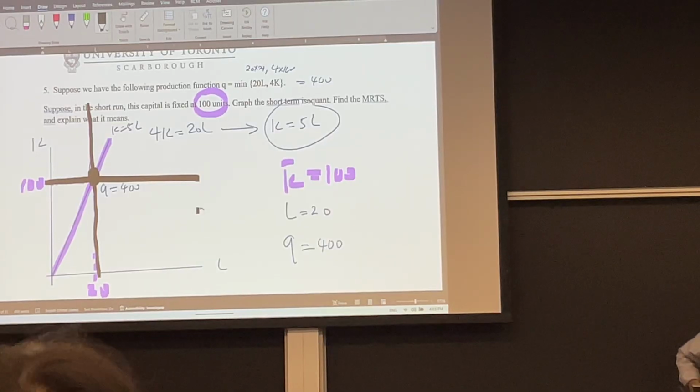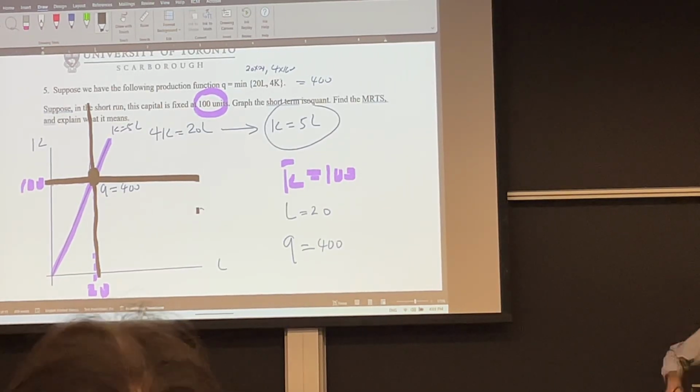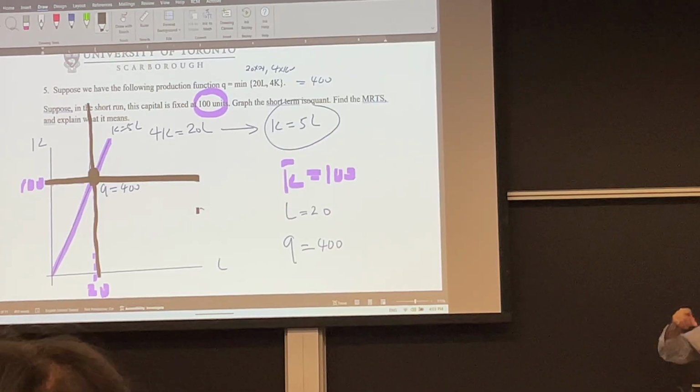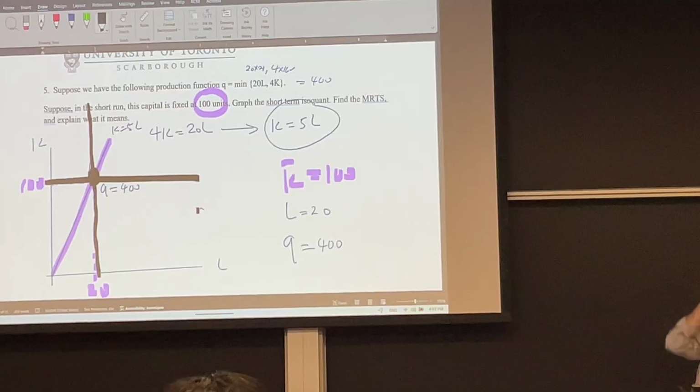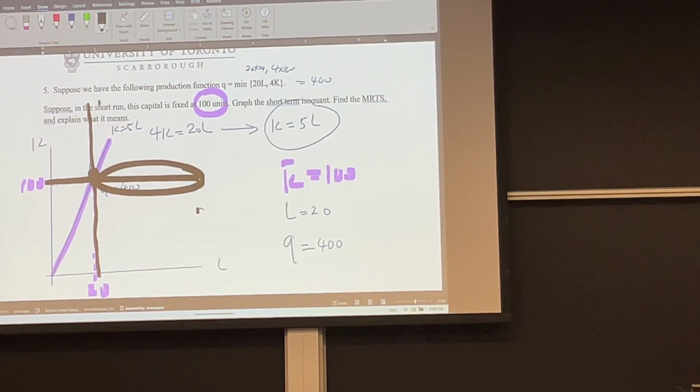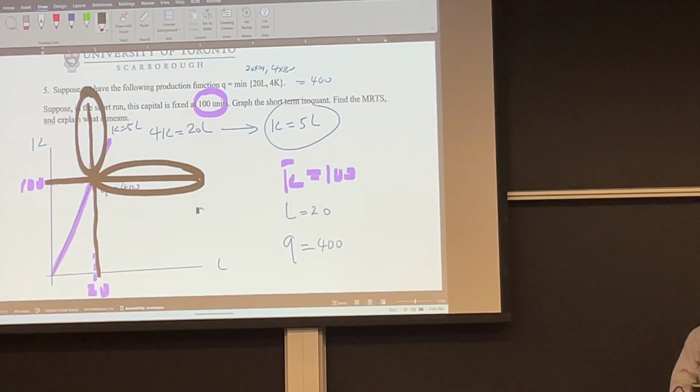What's the minimum of 400? Well, that's the answer. That's the function. It says minimum of those two, you end up with 400. That basically tells you both have to be the same. If both are not the same, you either have too much labor or too much capital doing nothing. The minimum tells you you have to be on this line.